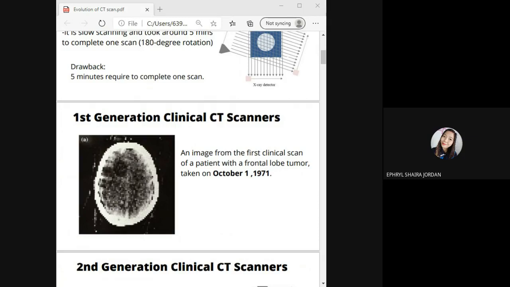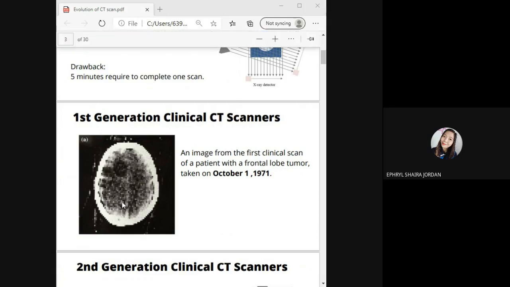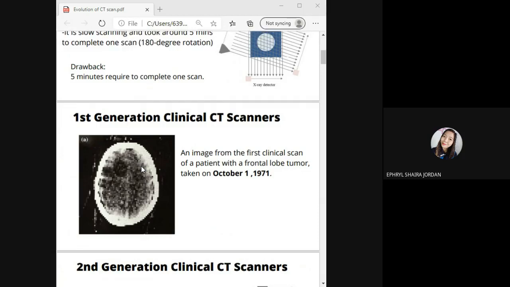The low quality of this scan was attributed to the patient's movement during the 4.5-minute scan time. So, ang poor quality na image isn't just attributed to the current generation of CT scan, but also a big factor din ng poor quality image was the patient's movement.